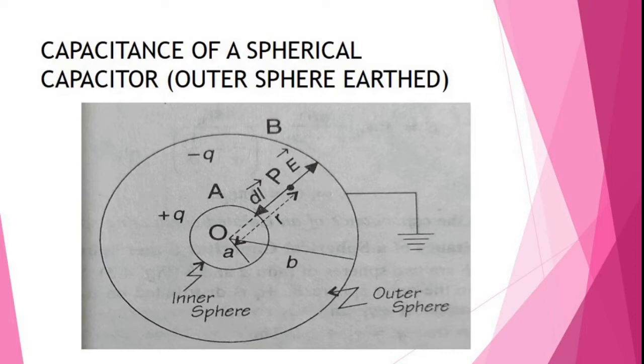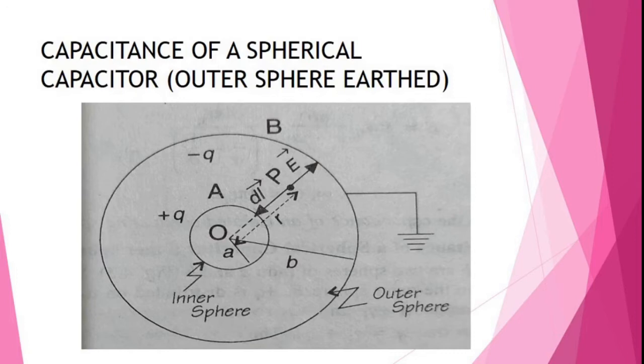Now we are giving a charge plus Q to the inner sphere A. So what happens? Equal and opposite charge, that is minus Q, will be induced on the inner surface of the outer sphere.